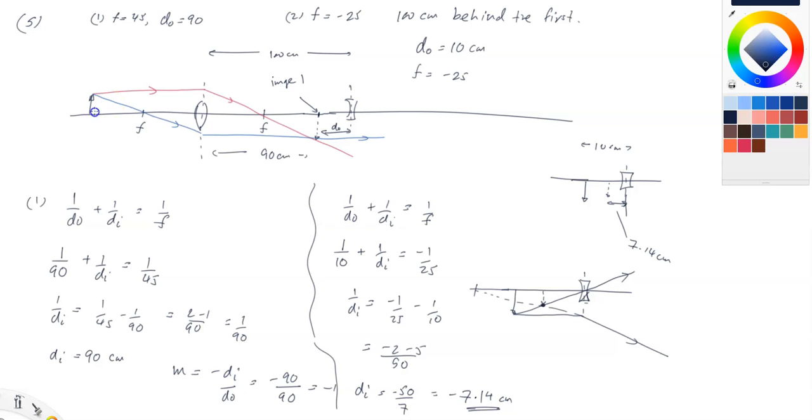The first lens creates a positive, meaning real, image, and that real image becomes an object to the second lens. The second one doesn't need to be concave; it can be a convex lens, and we might make another real image out of that.